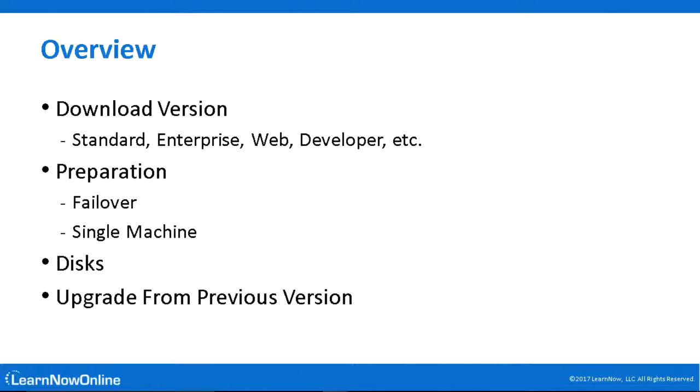If you're upgrading from a previous version, backups are essential. You need to make backups of all databases, user and system. If it's a VM, make sure you have a snapshot of the VM before the installation. This will help to easily revert back in case of problems during the upgrade.